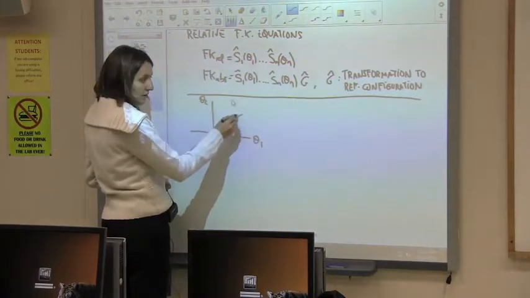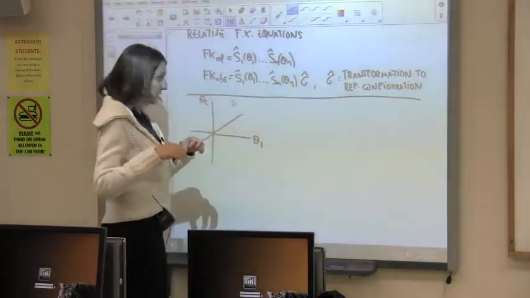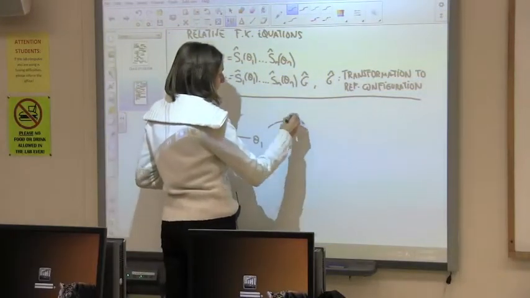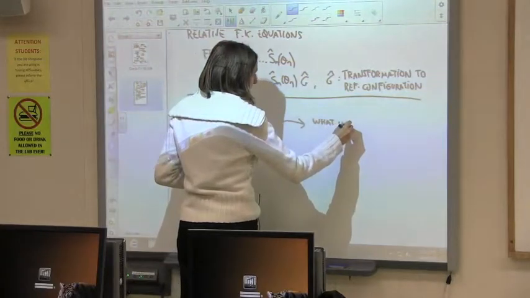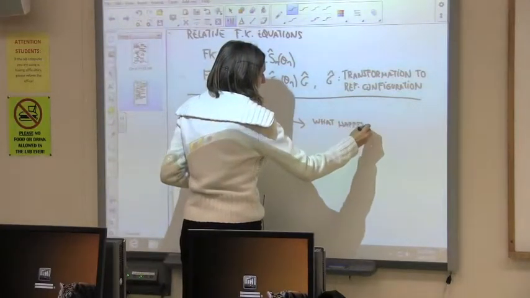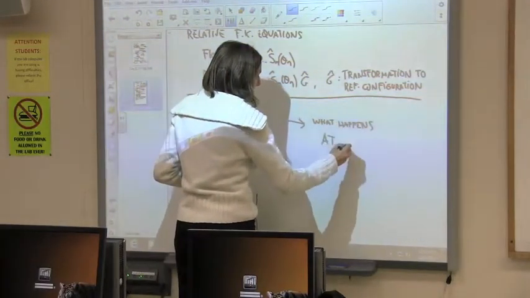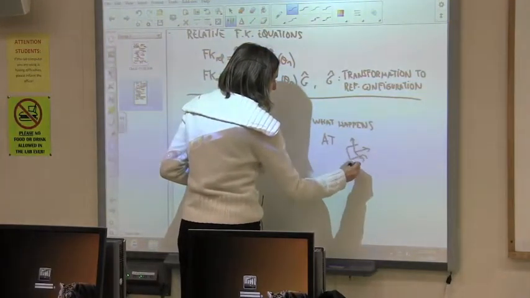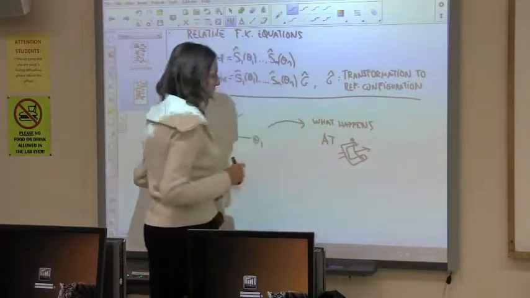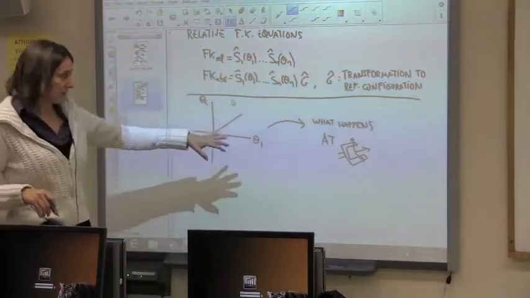You're moving both of them simultaneously, and then you can look at what happens at the end effector frame. Where is your end effector going with this motion? And it's very nonlinear, so it's not intuitive.